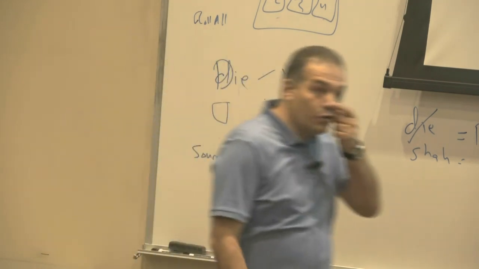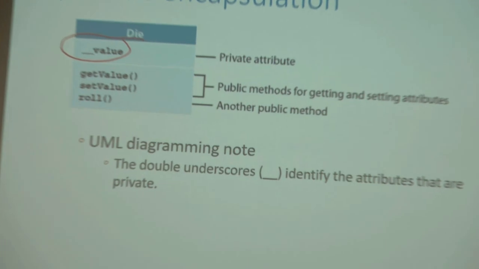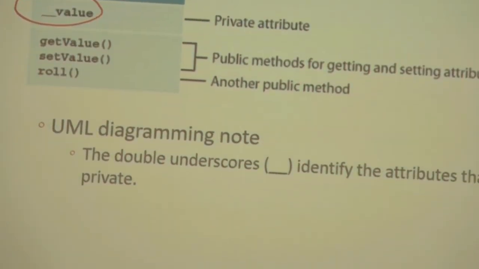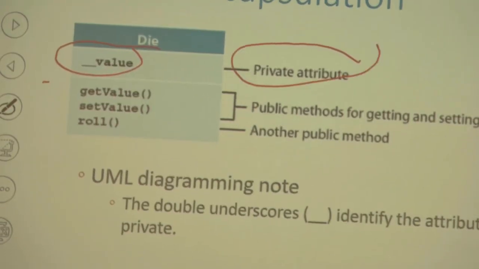So how can you create a private element? Very simple. You put 2 underscores before the name, and it becomes private. As simple as that. Then in here you have public methods for getting and setting attributes.